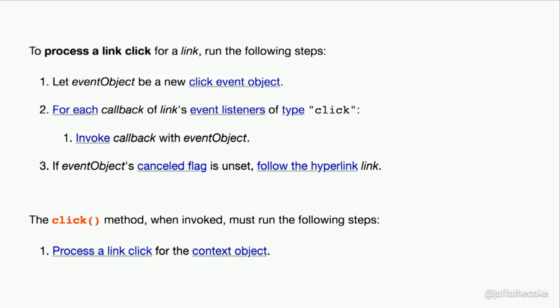So it hits this step 3 where it looks at the event object, and even if you've got loads of promises trying to call prevent default, it's too late. It's going to follow that hyperlink, and then sometime later those promise callbacks happen, but you've missed the boat. You've missed the point where you can actually cancel that event. So remember that microtasks behave quite differently depending on the JavaScript stack.